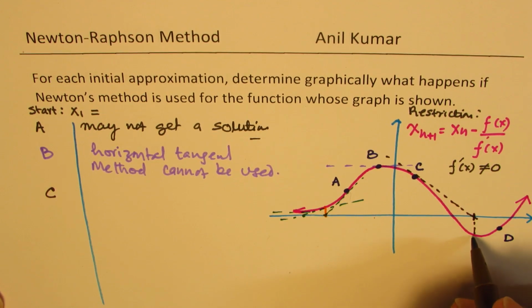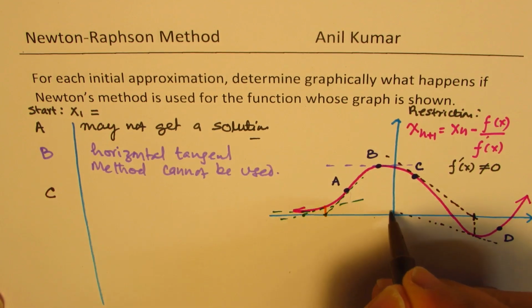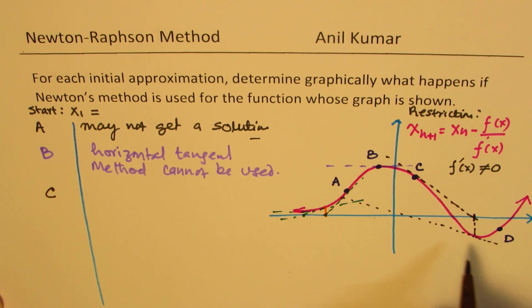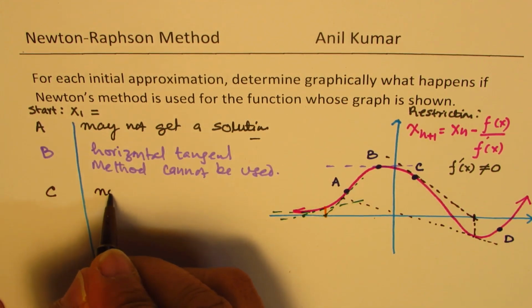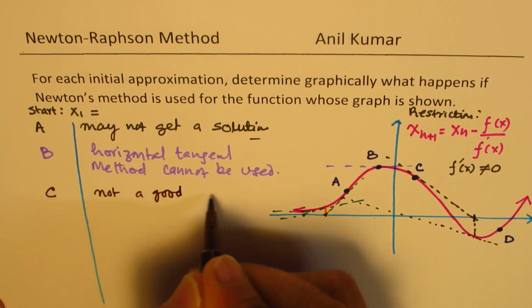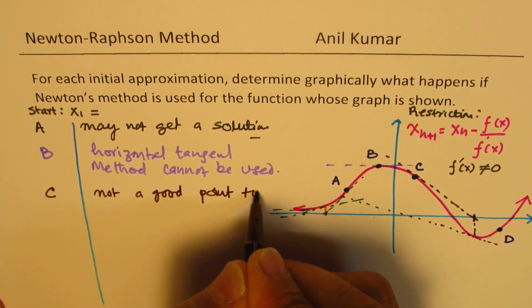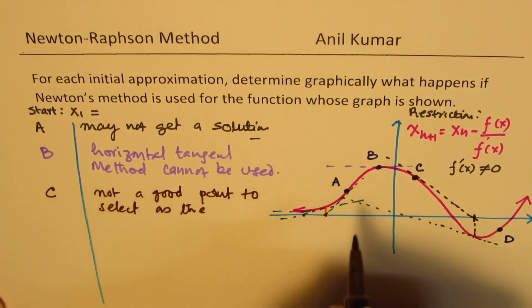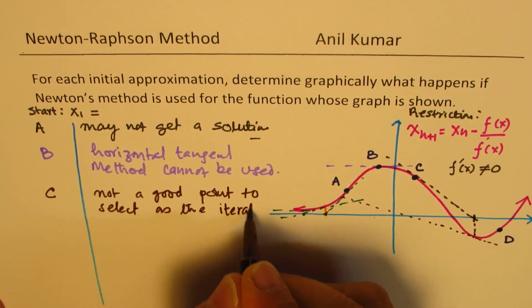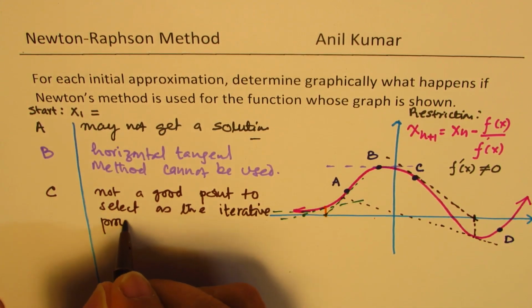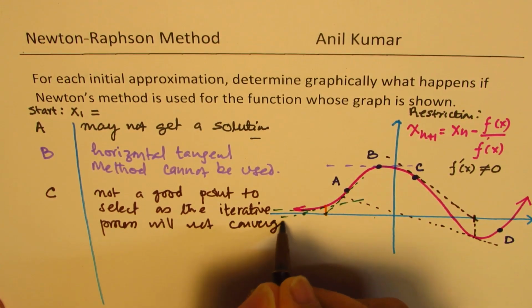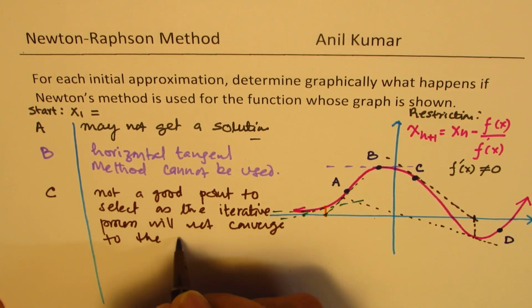Here, I may get a situation where the tangent lands on the other side and there is no solution, correct? So again, C is not a good point to select, as the iterative process will not converge to the solution.